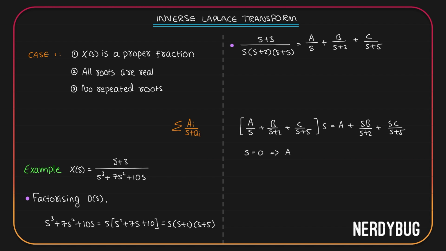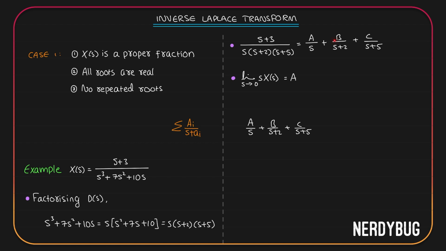Then I will get A, plus sB by s plus 2 will become 0 because s is 0, and sC by s plus 5 will also become 0 because s is 0. So I will get A. That means to get A, all I have to do is take X(s), multiply it with s, and then give the value 0 to s, that is, limit s tends to 0. If I do that, I will get the value of A.